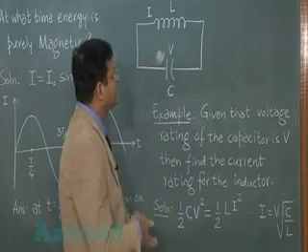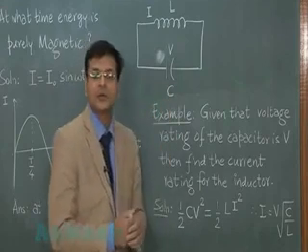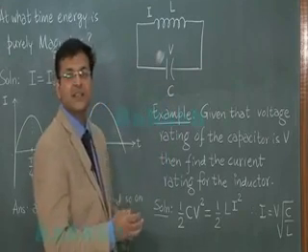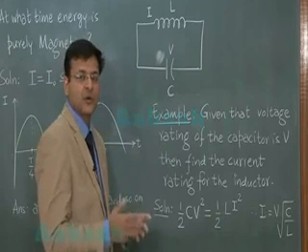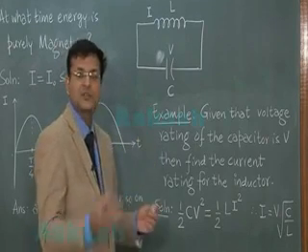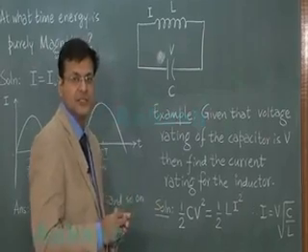Another very important aspect to remember about this kind of circuit is that in the ideal case the total energy stored in an LC oscillation circuit is constant, and based on which we can ask you some questions. Let us see that.